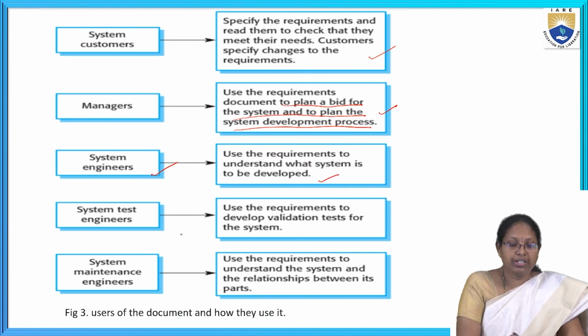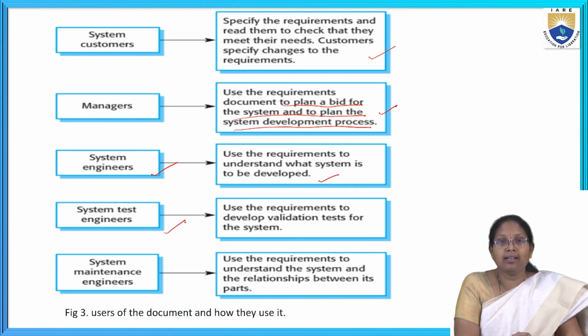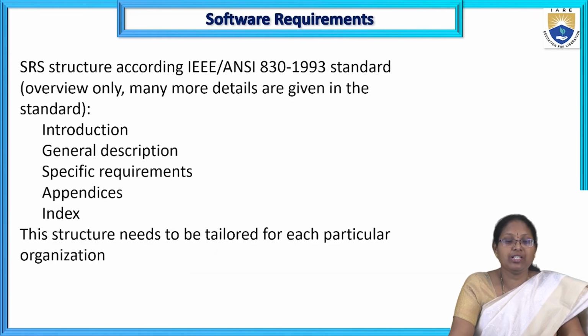System test managers also use the SRS document. System maintenance engineers also use the SRS document to understand the relationships between the different parts of the software. So this many users use the software requirement specifications.